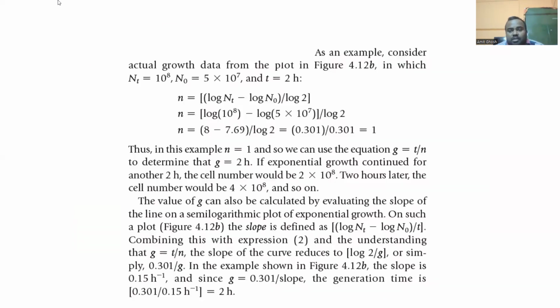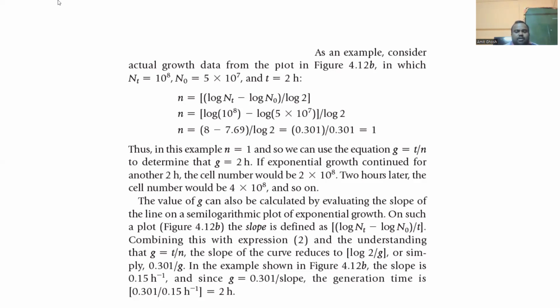As an example, consider the actual growth rate from the plot on the previous slide. If Nt is equal to 10 to the power 8, N0 is 5 into 10 to the power 7, and t is equal to 2 hours, then we can write n is equal to log of Nt minus log of N0 by log 2, and solving this, we find n is equal to 1.